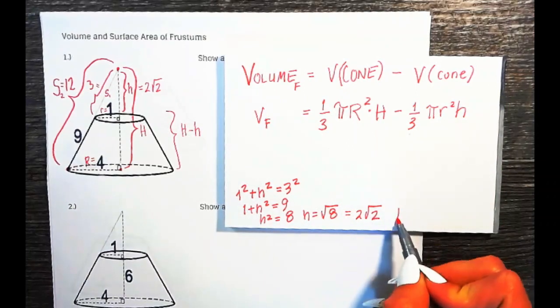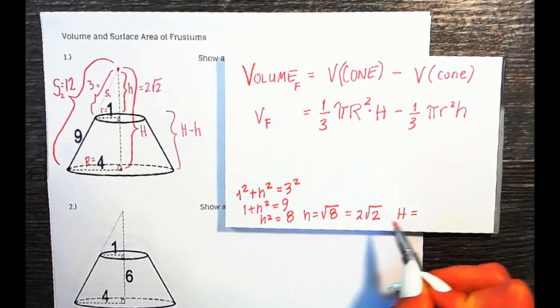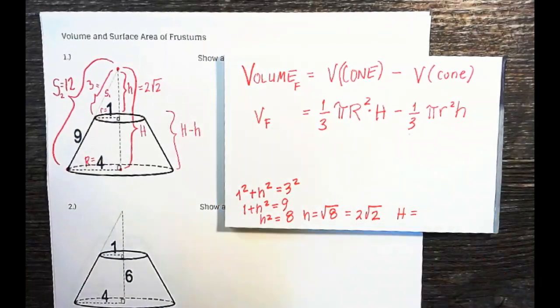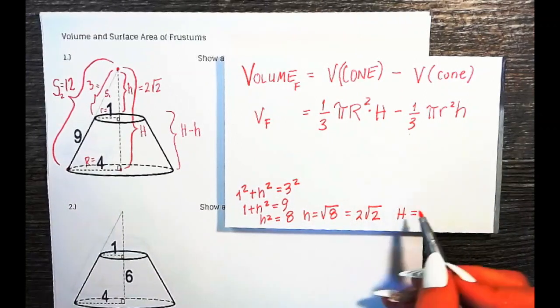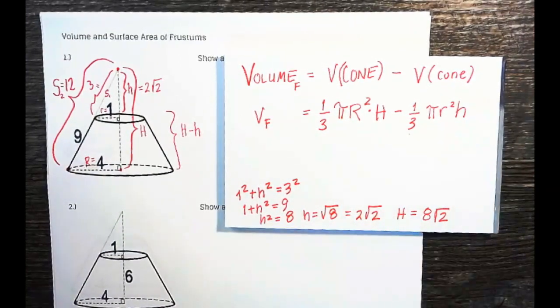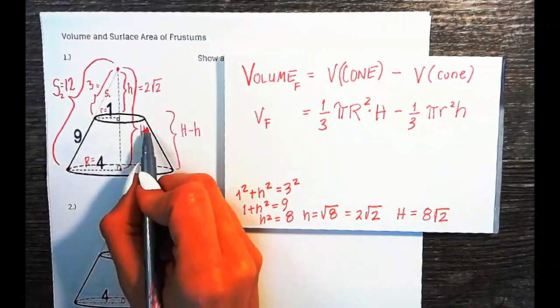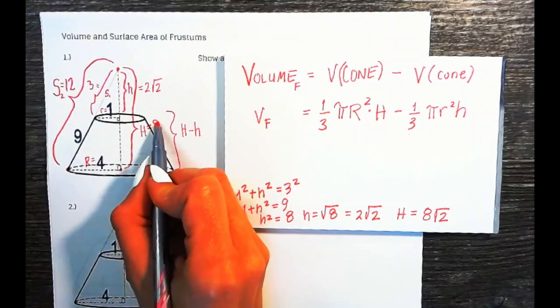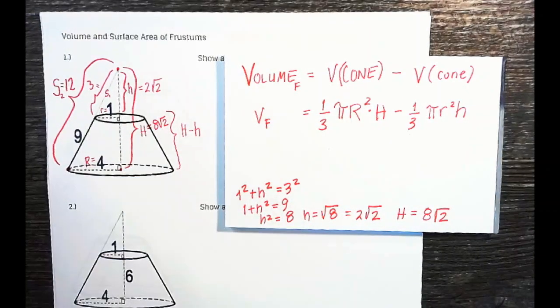So that means capital H would actually equal what value? If it's 4 times bigger, it's going to equal 8 square root 2. All you need to do is multiply by 4. So capital H is 8 square root 2. Big time saver.